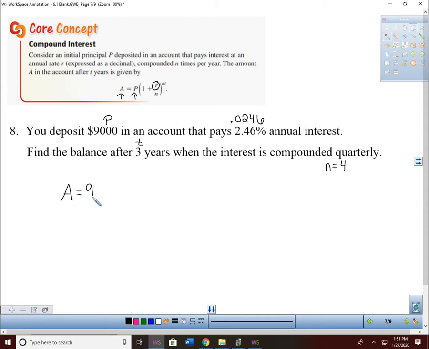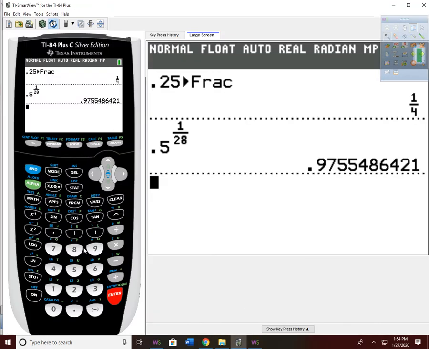So A equals 9,000 times 1 plus your rate, which is 0.0246, all over how many times you're compounding, which is 4 times a year, raised to how many times you're compounding times how many years. Okay? And then you just plug that into your calculator just as it looks.